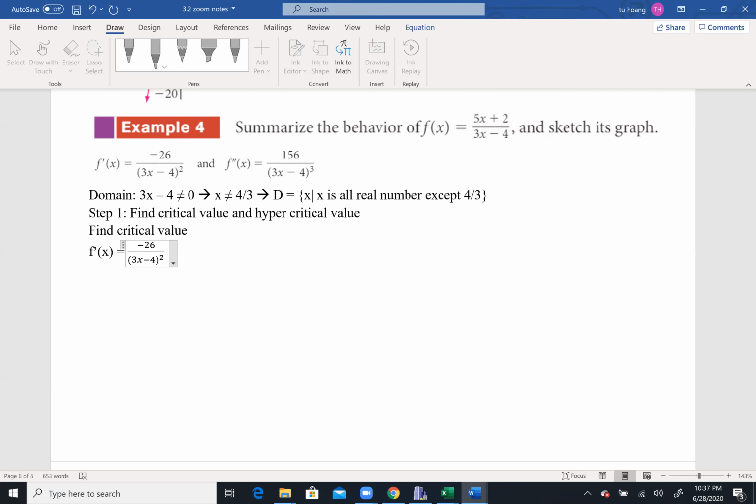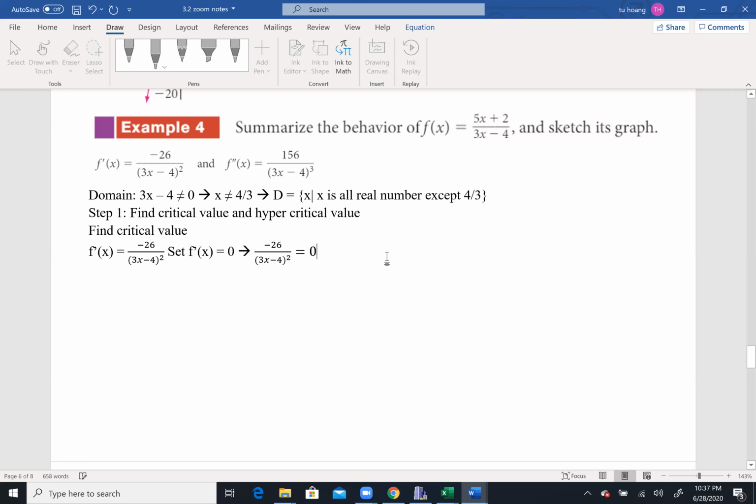So now I set f'(x) equal to 0. Then I have this equal to 0.